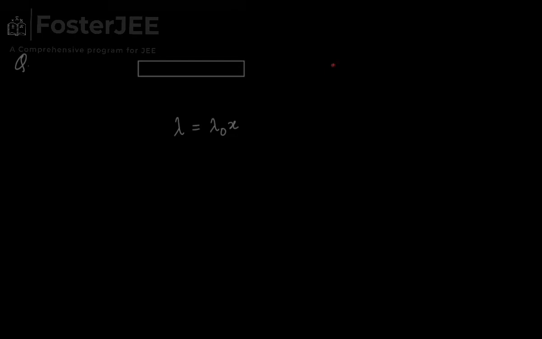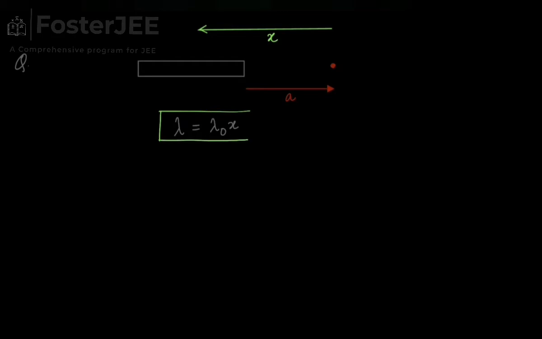Suppose there's a point at a distance a from this end of the rod, and the distance from this point to any part of the rod is x, and our linear charge density lambda varies with x as lambda naught x.